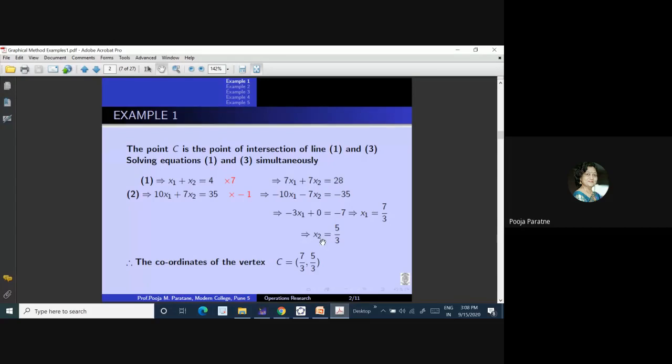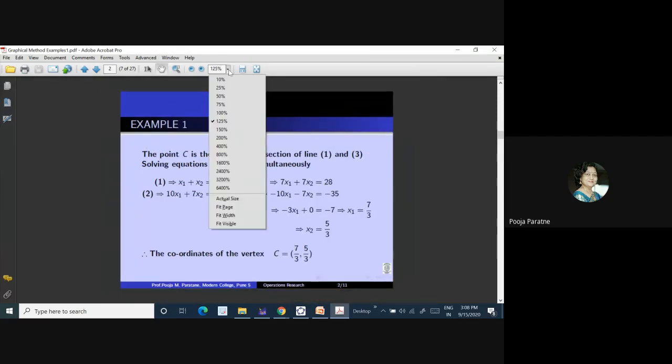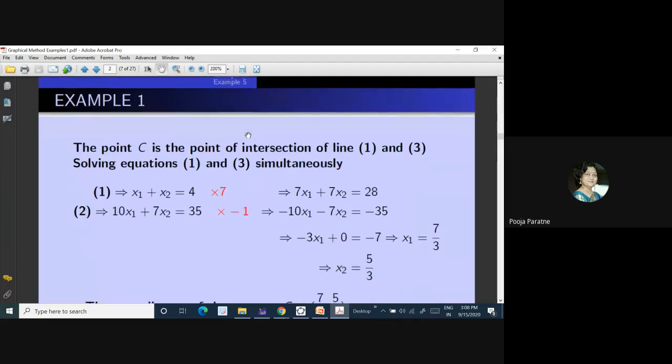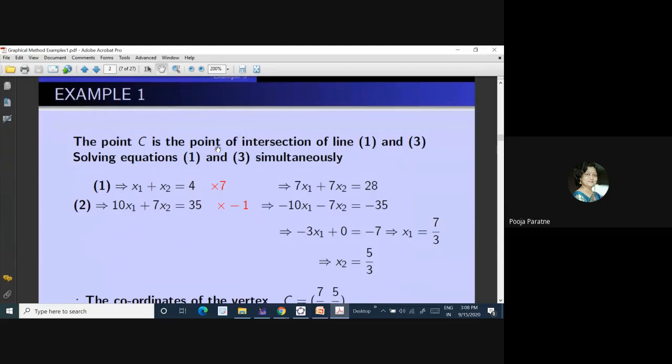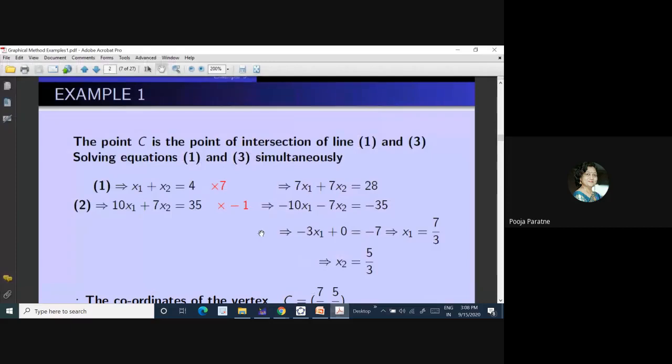If you observe, point C is the intersection point of 1 and 3. I will show you here. A means 1 and C means 3. So consider these 2 equations 1 and 3 simultaneously.